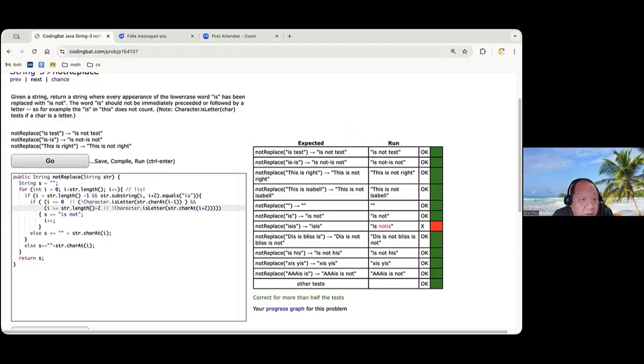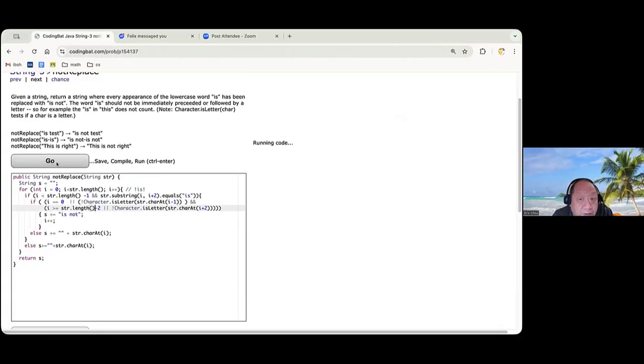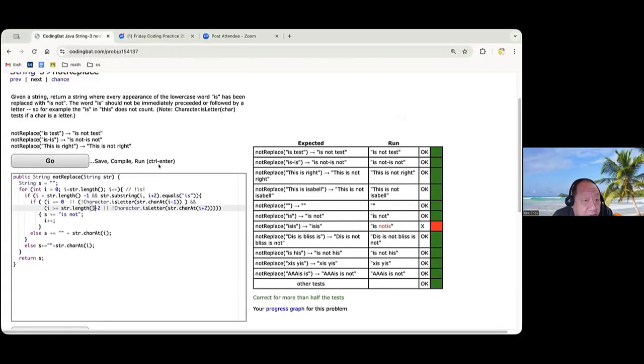If not, then your current letter will be added. Let me see. This is something wrong. The logic should be fine, but something is wrong here. Why does this still not work?